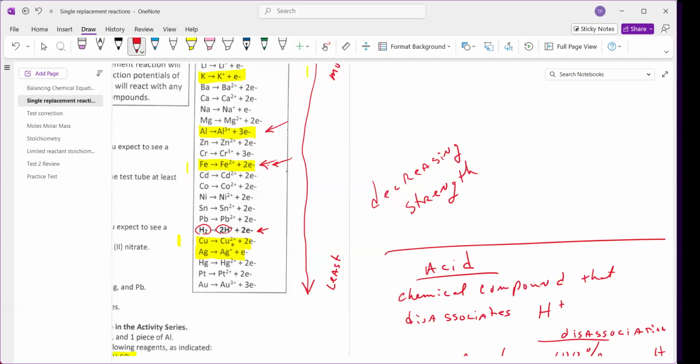So aluminum is above iron, and aluminum is not a metal in that reaction. It's a salt. So is the reaction going to go? No. The metal has to be on top.